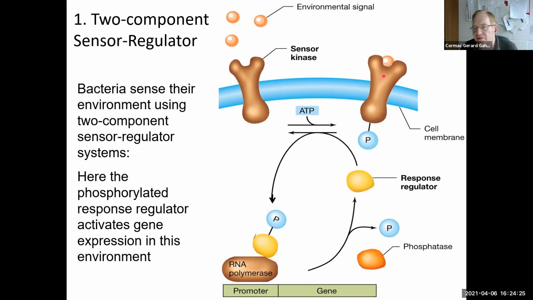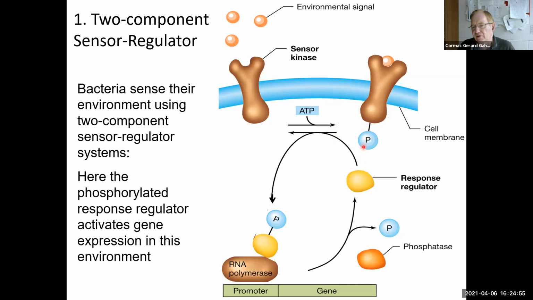So what happens when the cell encounters salt, or whatever this is detecting? Let's take the example of vancomycin. When this cell detects vancomycin as the environmental signal, it phosphorylates the system. In other words, a phosphate group is transferred, which activates this system.